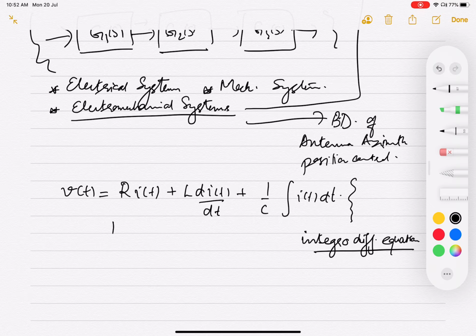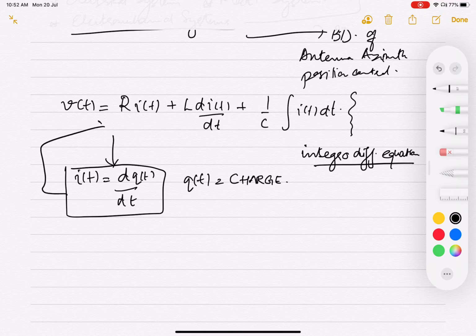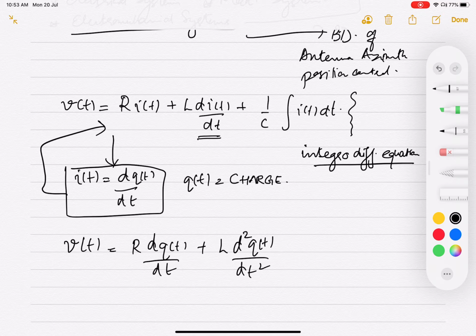You can write this as a pure differential equation if you write i(t), which is the derivative of your charge q(t), the charge flowing through the circuit. Then v(t) is equal to R dq(t)/dt plus L times the double differential of charge, d squared q(t)/dt squared, plus, since the integral of current is the charge, q(t) by C.